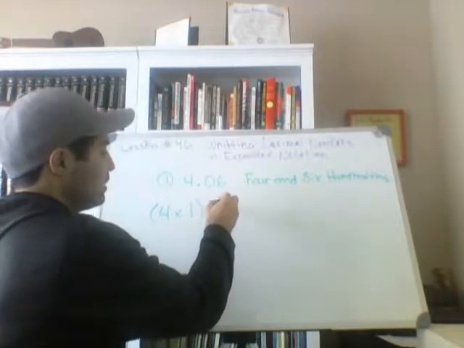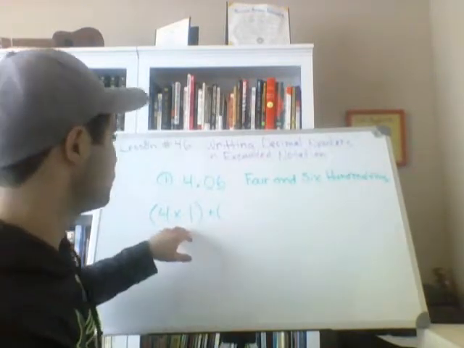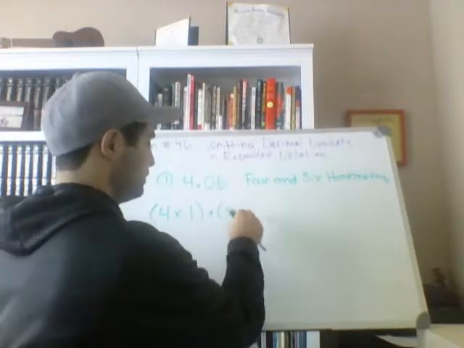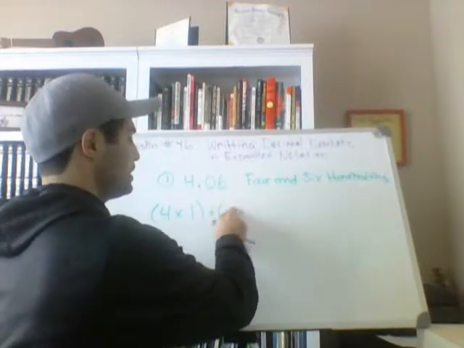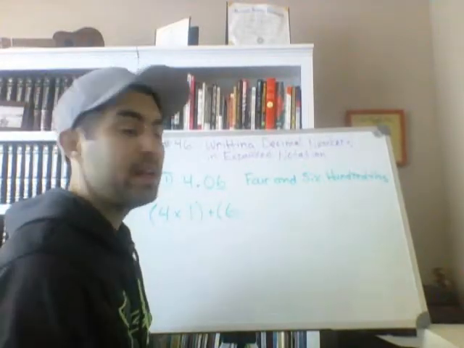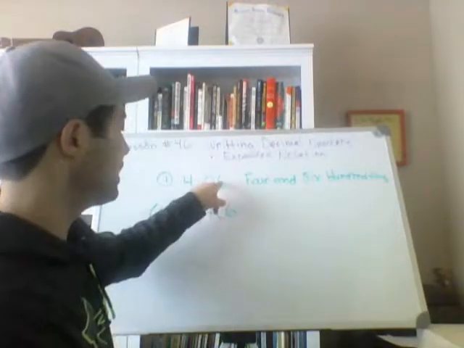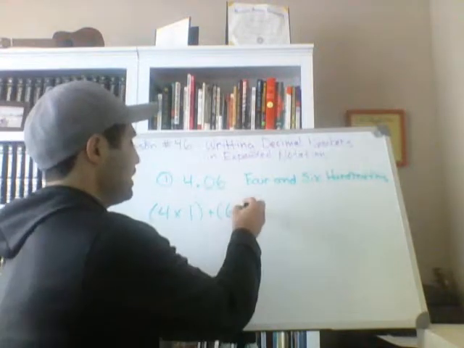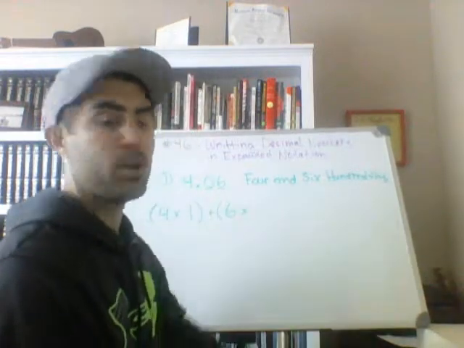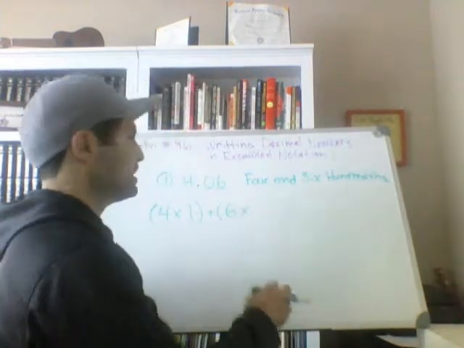Okay? Then I'm going to add another term to that. This is your first term. And I'm going to put 6. You don't write out the word 6. You put the number 6. Alright? That's the first piece of information that describes this number. And then I'm going to multiply it by its place value. And we already said up here when we wrote out the word that the place value is hundredths.